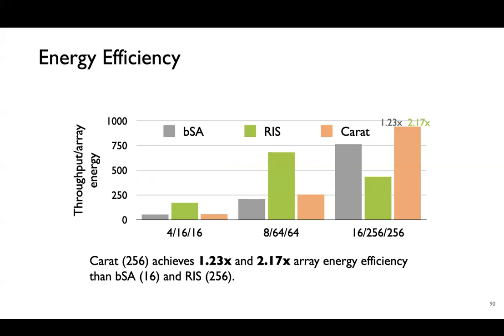And here we measure energy efficiency, which is throughput per array energy. You can see that the orange bars are tallest, we achieve 1.23x and 2.17x array energy efficiency over your traditional binary systolic array, and RIS, which is another binary design that also leverages computation reuse.